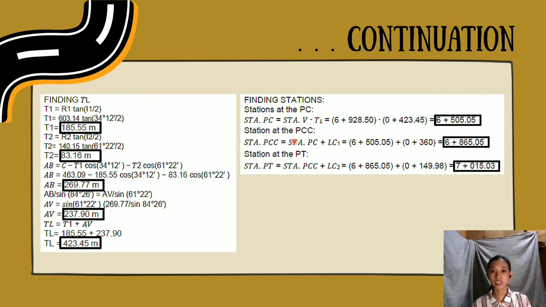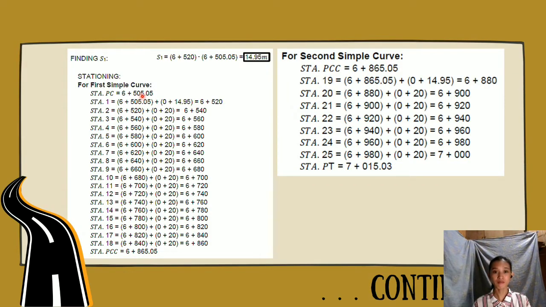So you can see here how the stationing of PC, PCC, and PT was solved by applying the formula given. Now that we have these data, we can move on to solving for the stationing of each point, by adding 20 meters to the first point that is divisible by 20 meters, and so on and so forth.